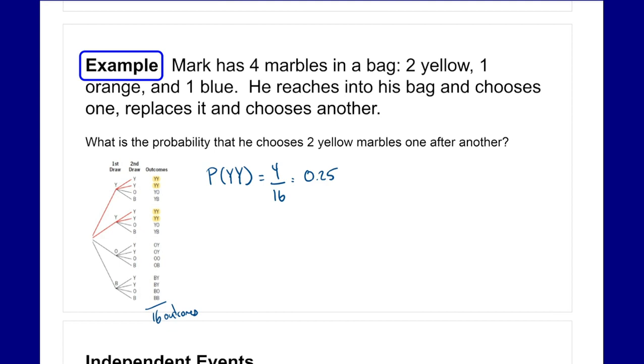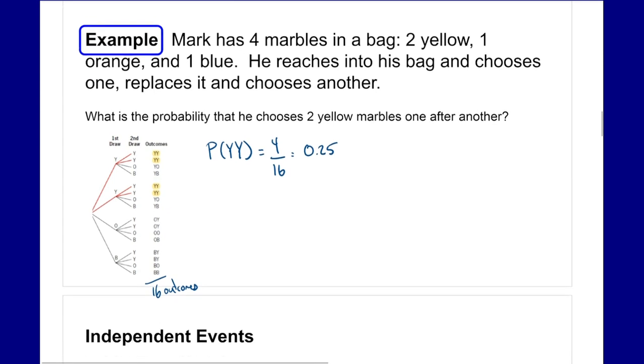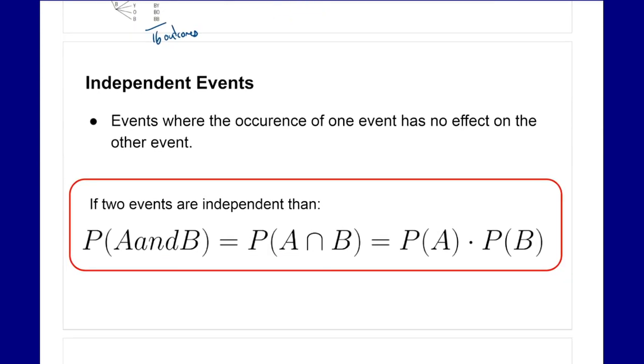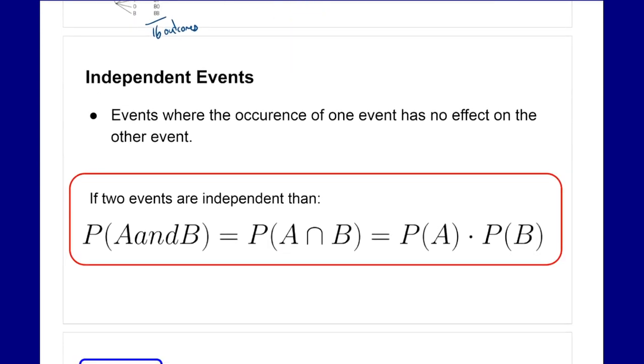Is there another way we could have determined and calculated this outcome? There is. When we look at what we call independent events, that's events where the occurrence of one event has no effect on the other.